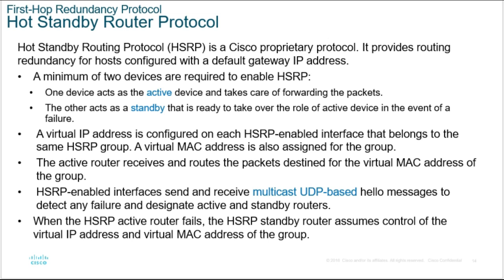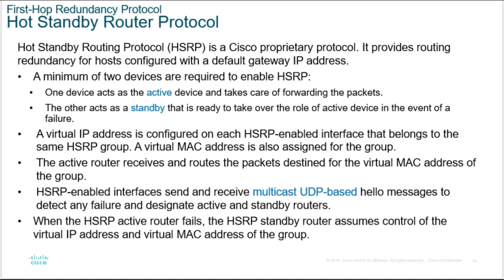One device acts as the active device, and it will be doing the forwarding of the packets while it is active. The other will be the standby router, and as the name states, it will only take over operation if the active router has a problem or fails.